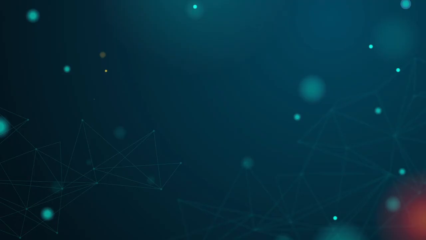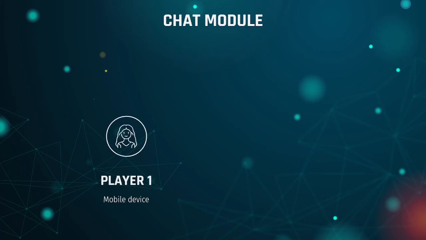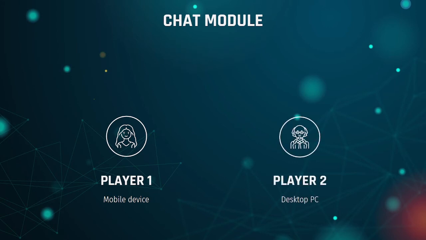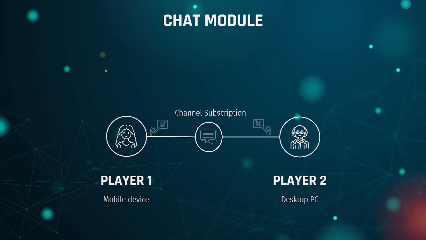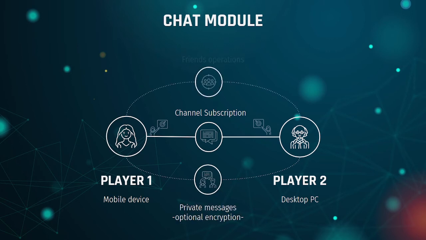And you can have friends, and you can subscribe to their status change so that you know when they connect. Normally you have, for example, two players who subscribe to a channel, and then they can send and receive messages from there. Optionally, they can send private messages, and there is an encryption option that you can enable.